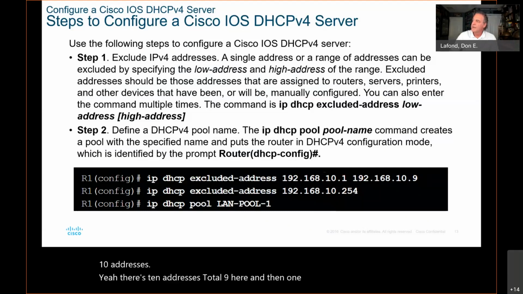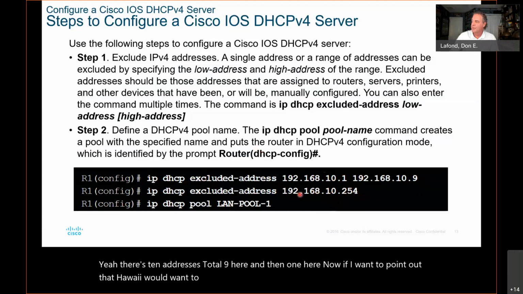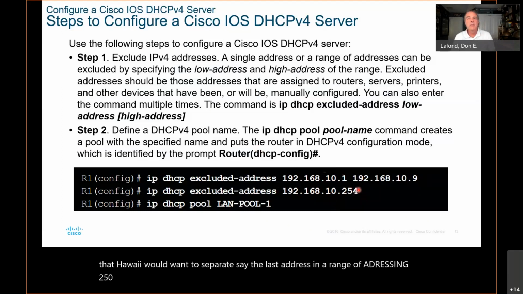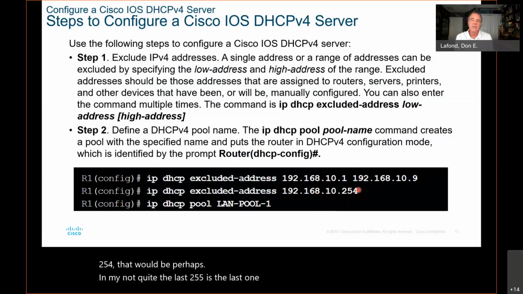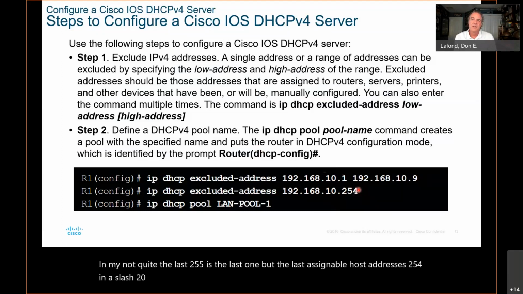Now, I want to point out why you would want to separate, say, the last address in a range of addressing, 254. Well, not quite the last, 255 is the last one, but the last assignable host address is 254 in a /24 network. The 254 address would often be assigned to the router interface.